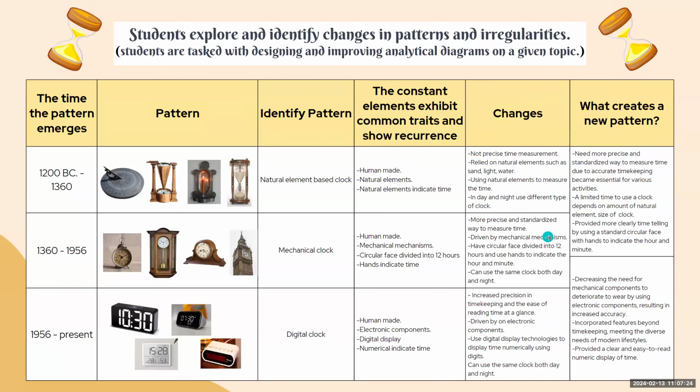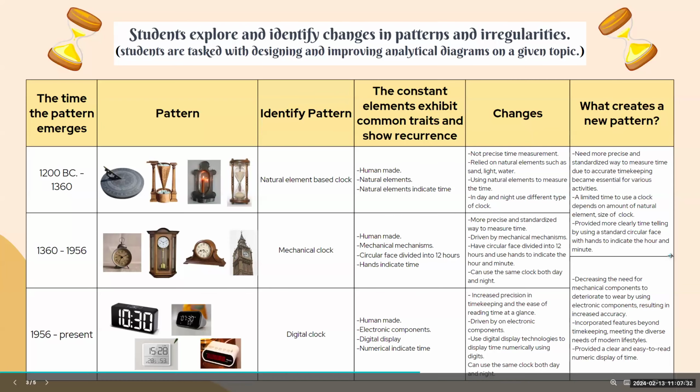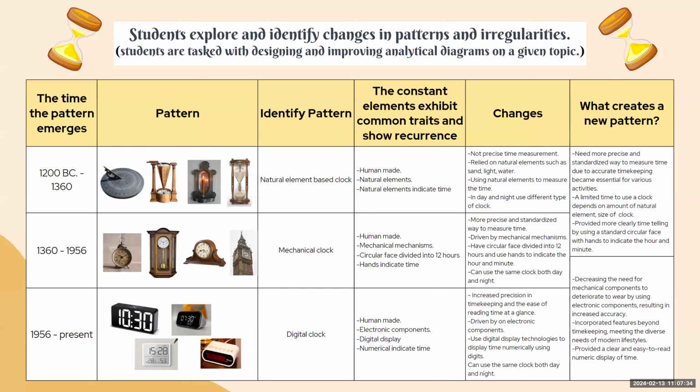And what created the new pattern from B to C is the need for something clearer and easier to read than the hand clock, like an arrow. And next is the digital clock.